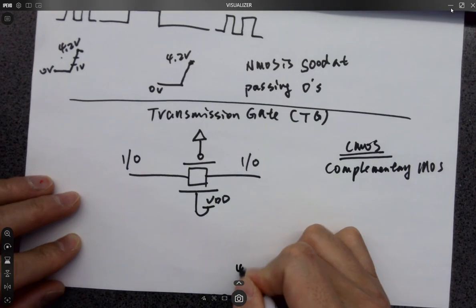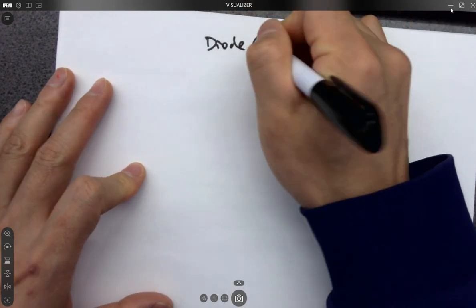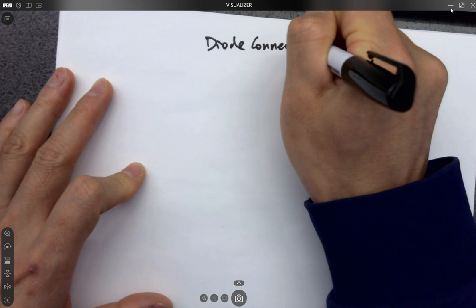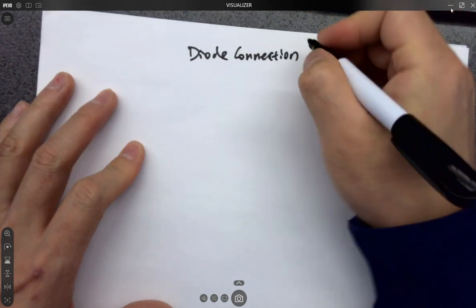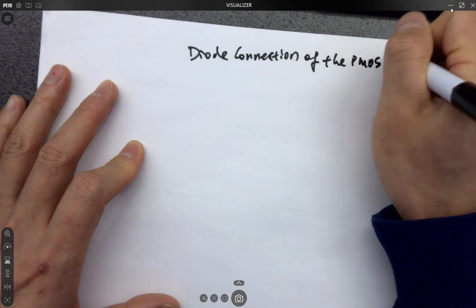And there's a different type of connection called diode connection of the transistors, diode connection of the PMOS and NMOS.